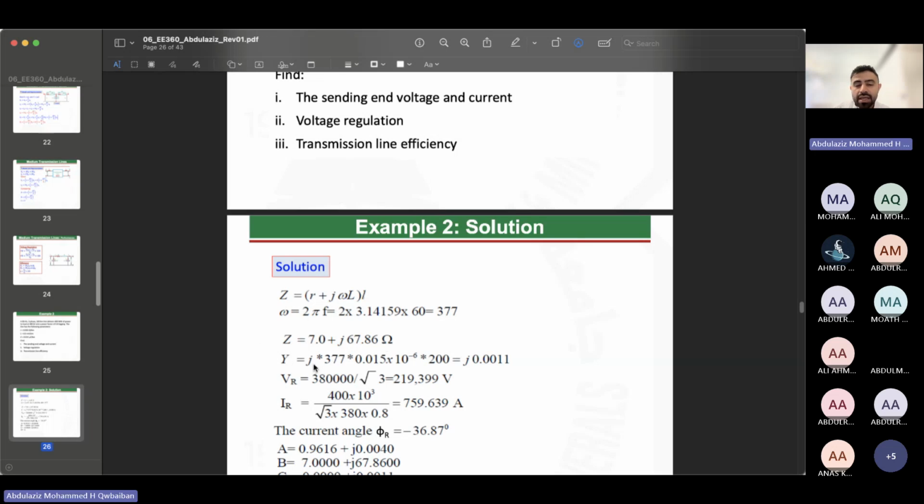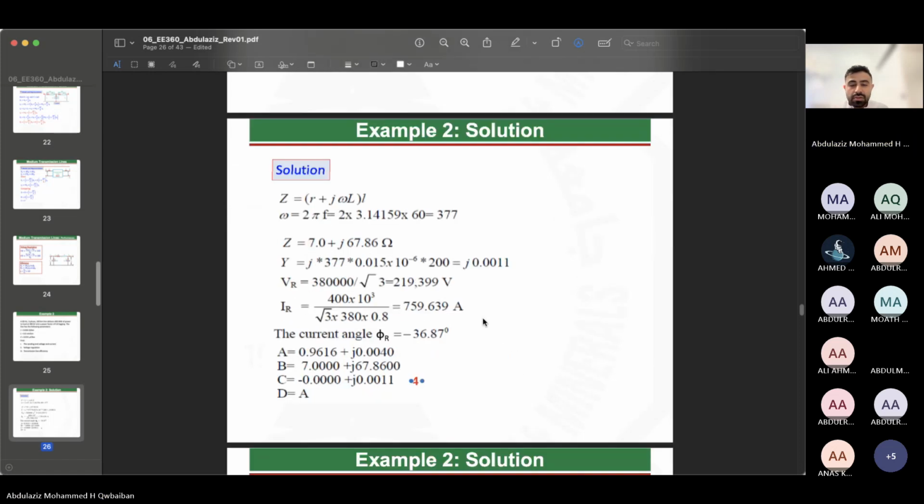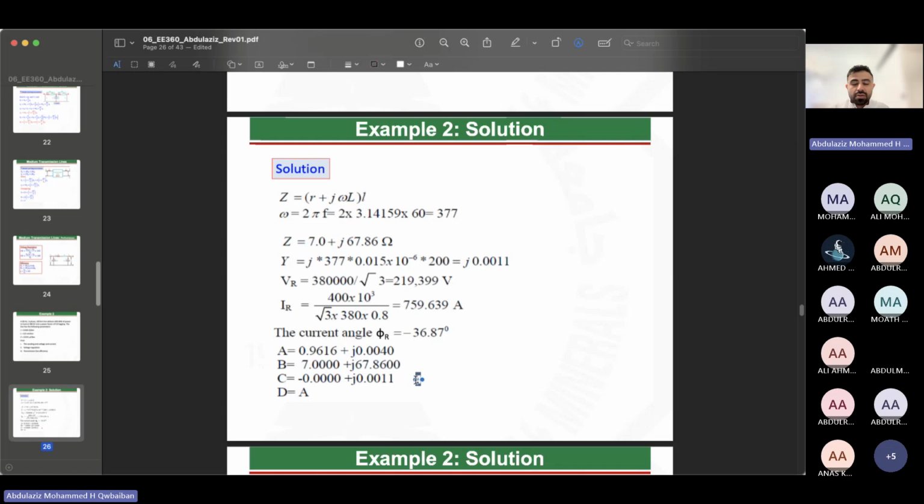Y is j times omega times C times the length, which is j times 0.0011. What's the unit? The unit is mho, or Siemens. I can just say Siemens. Clear?